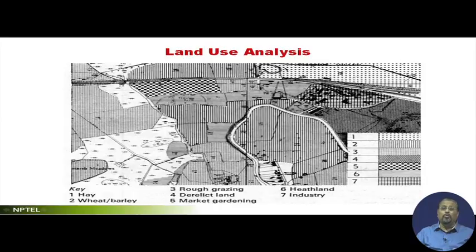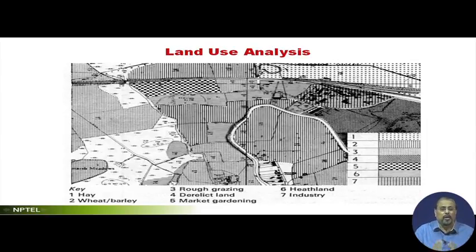So you must thoroughly inspect, review and examine the land use characteristics. Then check with the local regulations whether you would be permitted to go for changing this land use.